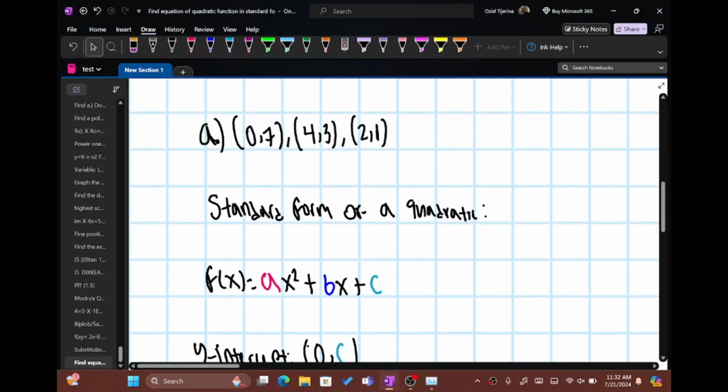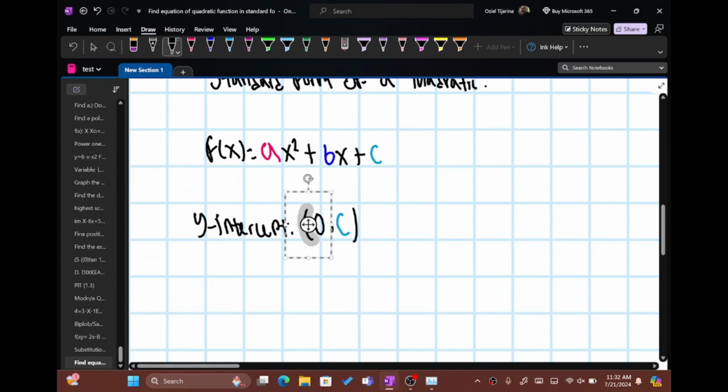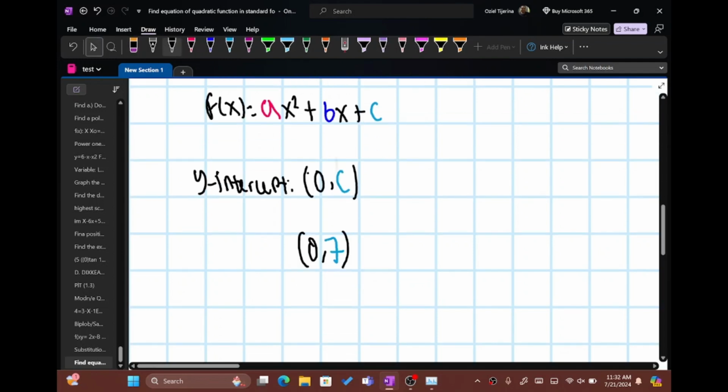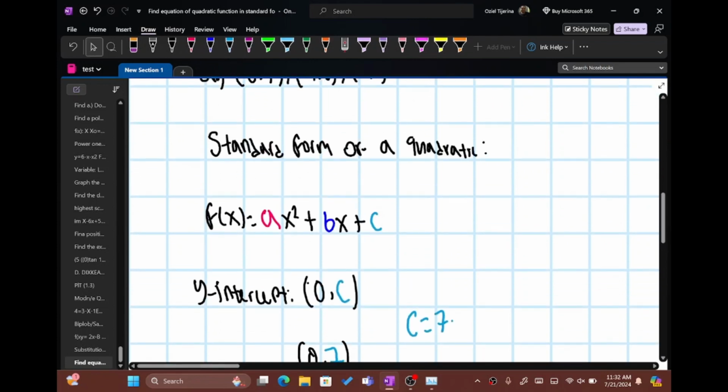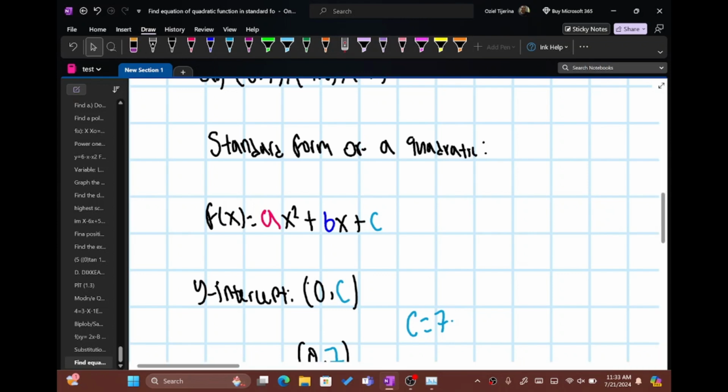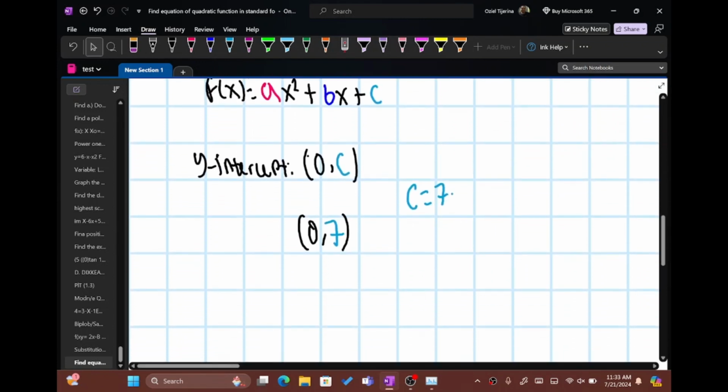They give us (0, 7), so we know that c is equal to 7, and we can get that out of the way. This one is pretty simple because we already have one of the letters, the c value, so all we need to do is find a and b at this point.